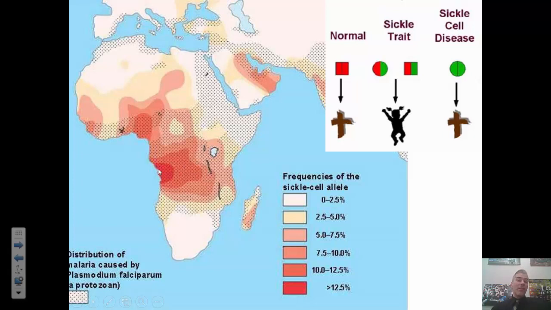And you can see the highest frequencies are right smack dab within this area in which malaria is an issue. So as I said, if you have a normal phenotype, big A, you could die of malaria if you're infected. If you are little a, you have sickle cell disease and that'll kill you, but if you're heterozygous, it'll select for that because it gives you an advantage to survive.